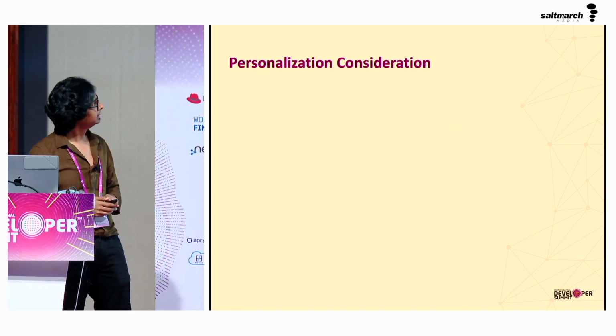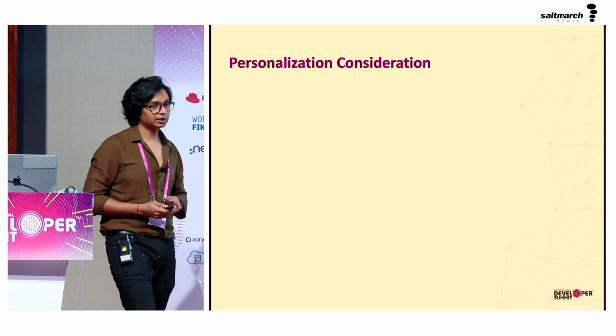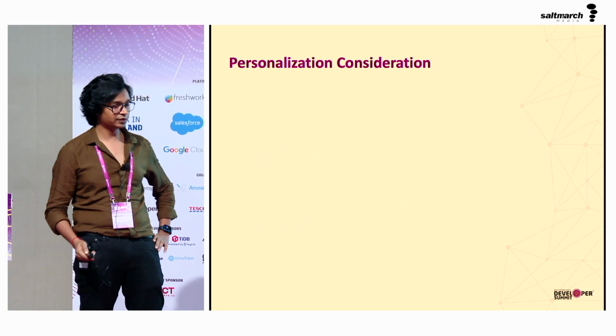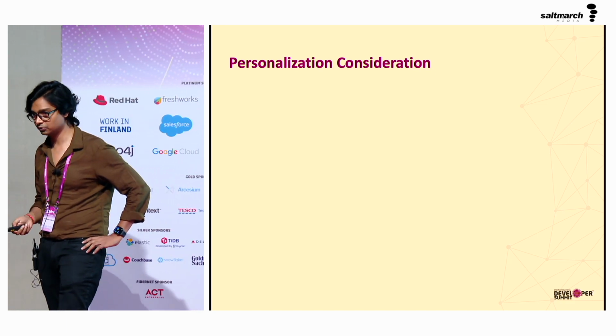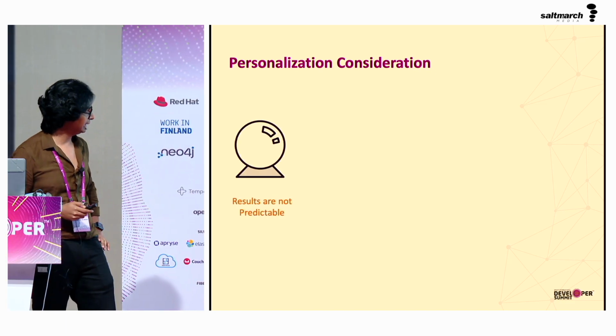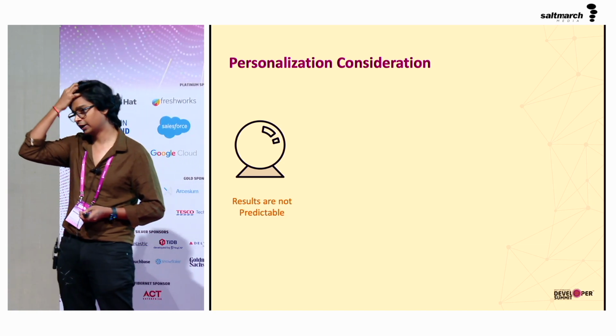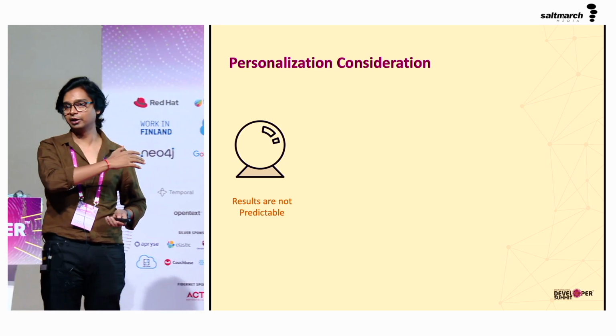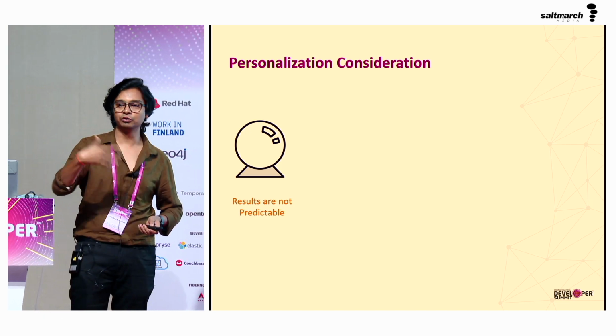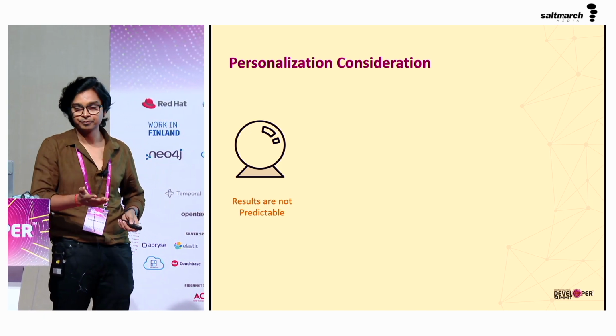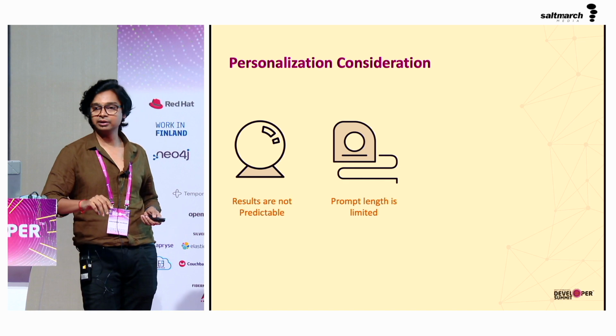It's important. Then it comes to the personalization consideration, which is, okay, I got these tools, but unfortunately the results are not predictable. Sometimes it works, and I showcase the best possible examples and demos, but I'm sure that as you try, many times it won't work. Or the prompt length is limited.